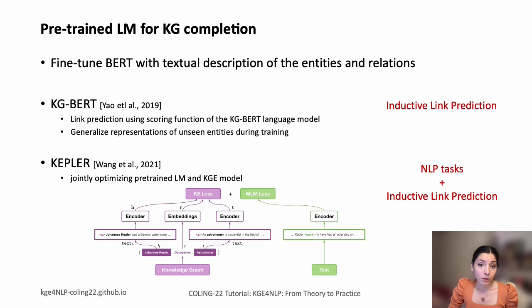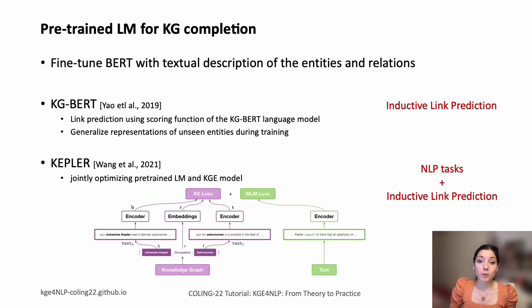Another framework called Kepler performs multiple tasks. Several NLP tasks such as relation classification, entity typing, and also link prediction in both transductive and inductive settings. They achieve this by jointly optimizing a pre-trained language model with textual descriptions of entities and a knowledge graph embedding model.